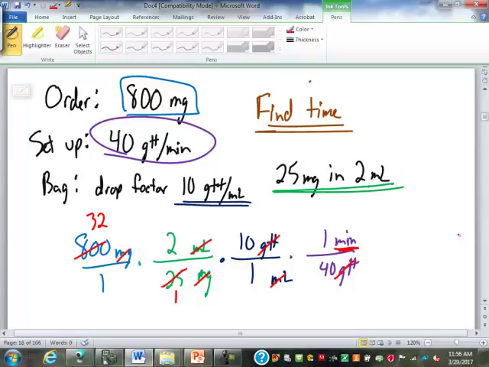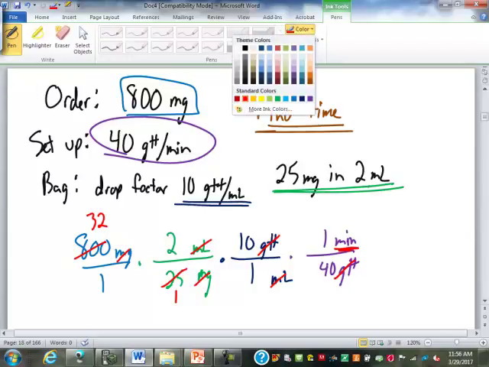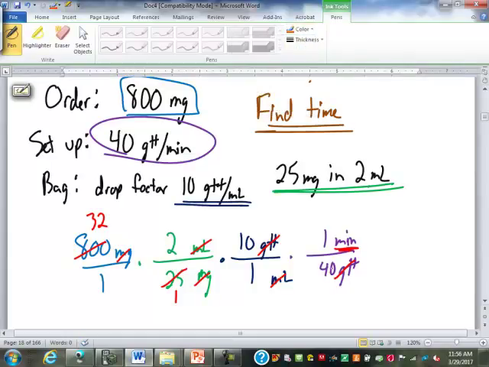We could go ahead and do the next step to convert to hours, but I like to find it in minutes first because it's easier for me, at least, to convert from minutes into hours than it is to go from decimal hours into hours and minutes. So let's go ahead and just multiply this out. I'm going to divide out the 10 and the 40 here to get 1 and 4 to make that a little easier.